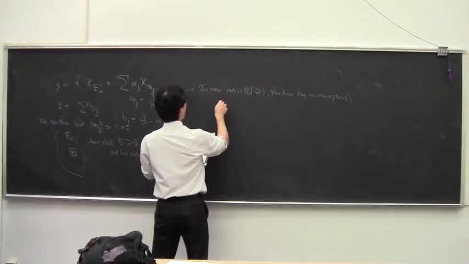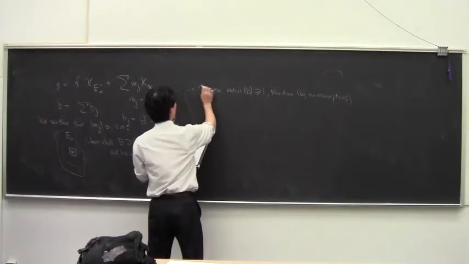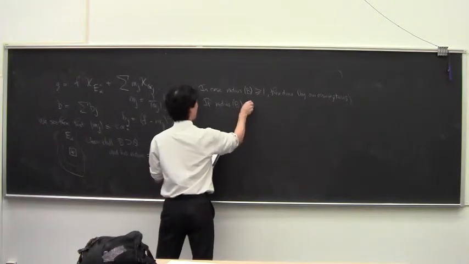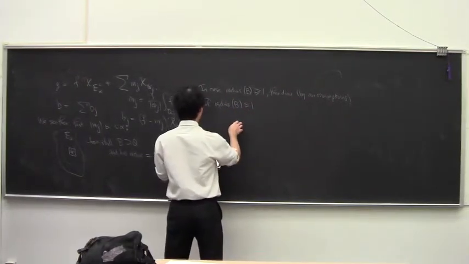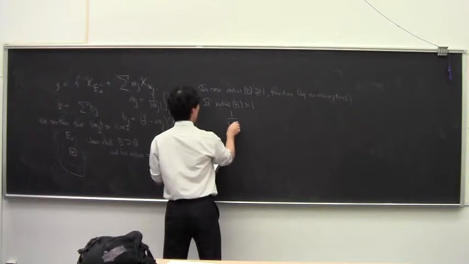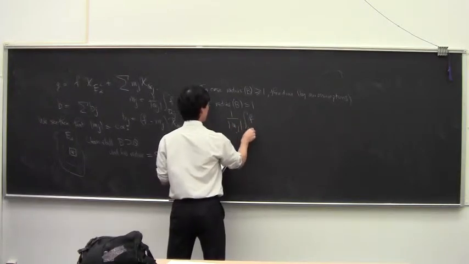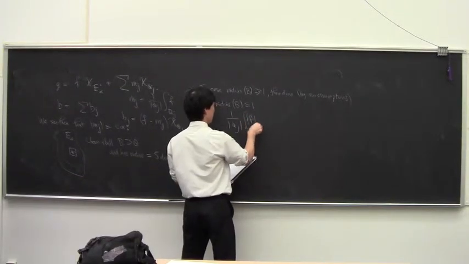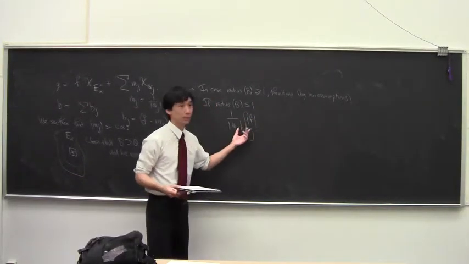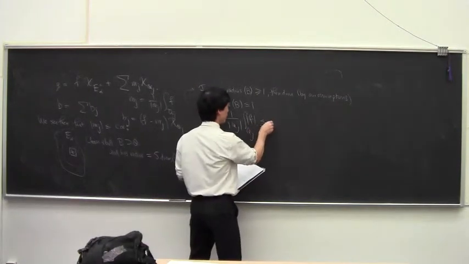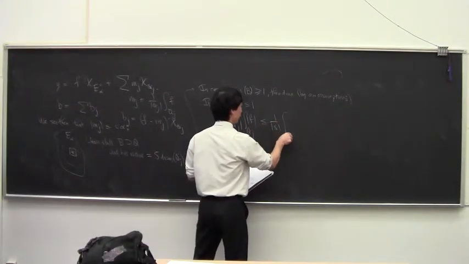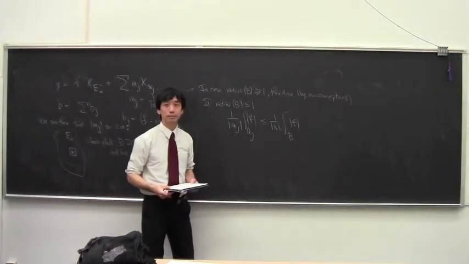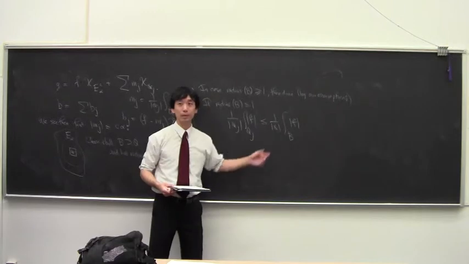If the radius of the ball is less than 1, well then, you say, well, okay, let's look at the average. We know that the average of the absolute value is controlled by the integral over the ball, because the ball is bigger.